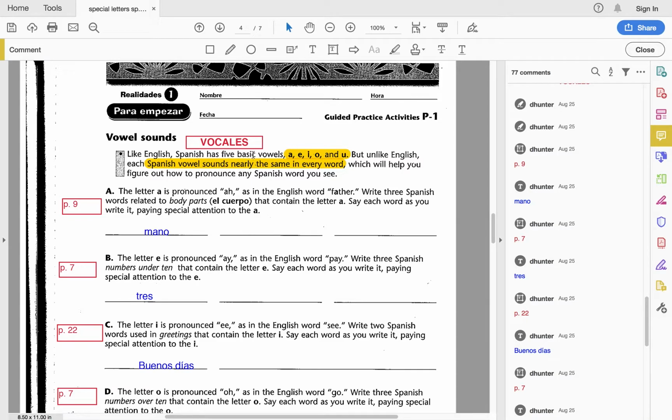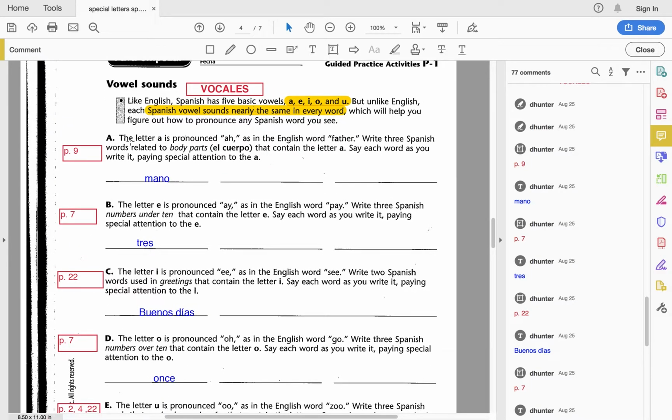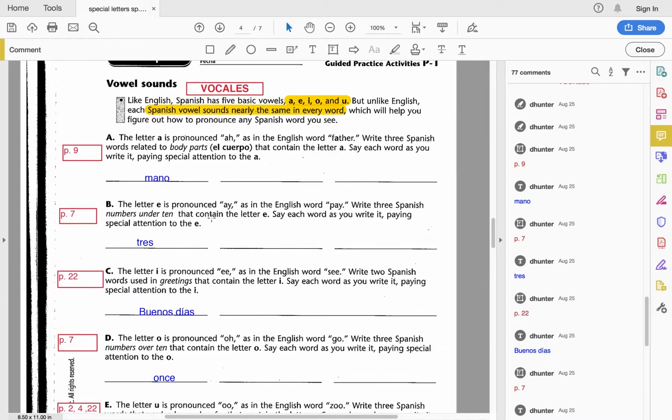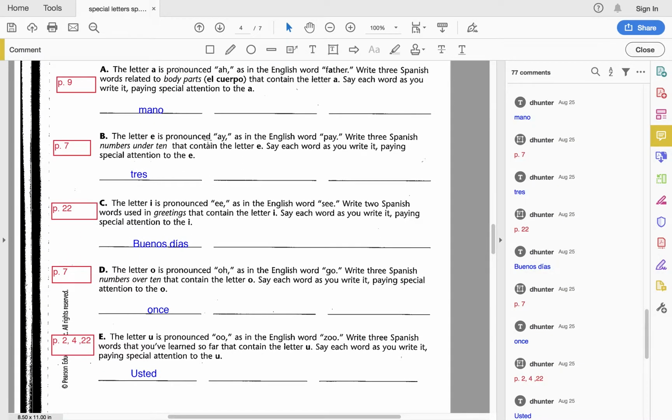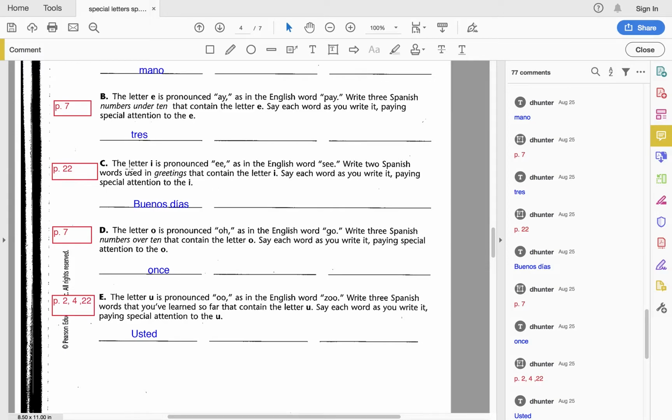There are 5 basic vowel sounds. Tenemos A, E, I, O, and U. Let's say them again together. A, the letter A. E, the letter E is pronounced E. Y finalmente, tres más. I, the letter I, is pronounced E, as in the English word see.